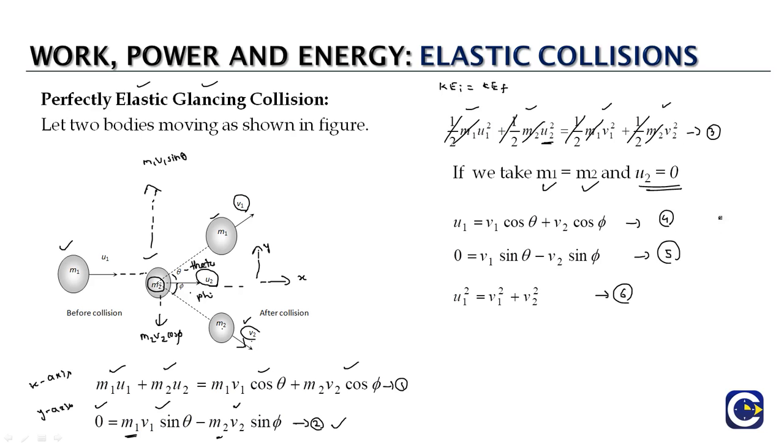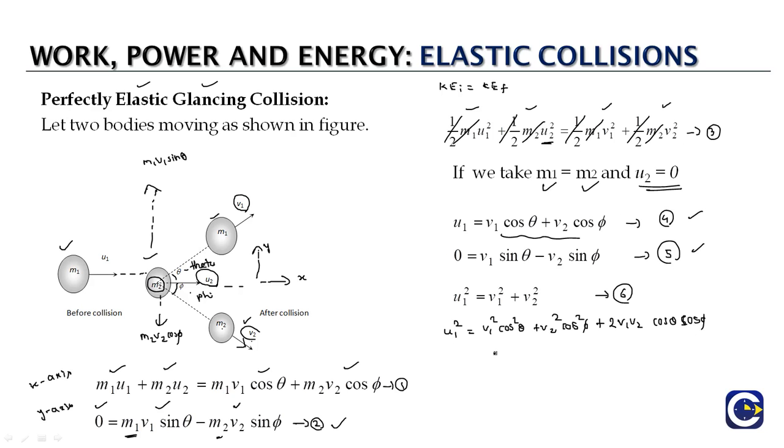Now we square equations 4 and 5 and add them. Squaring equation 4, the LHS has u1 square, and the right side is v1 square cos square theta plus v2 square cos square phi plus 2v1 v2 cos theta cos phi.